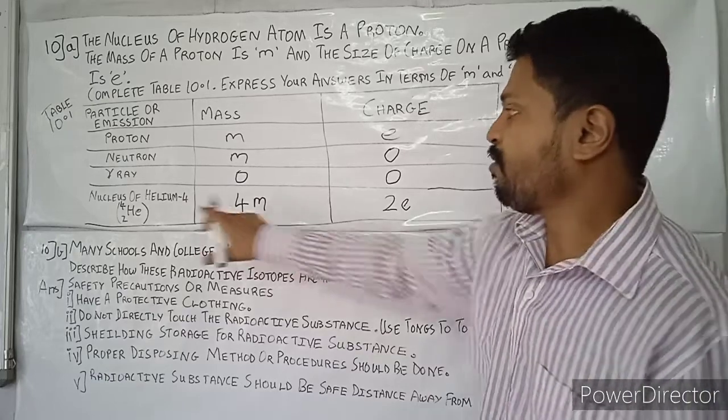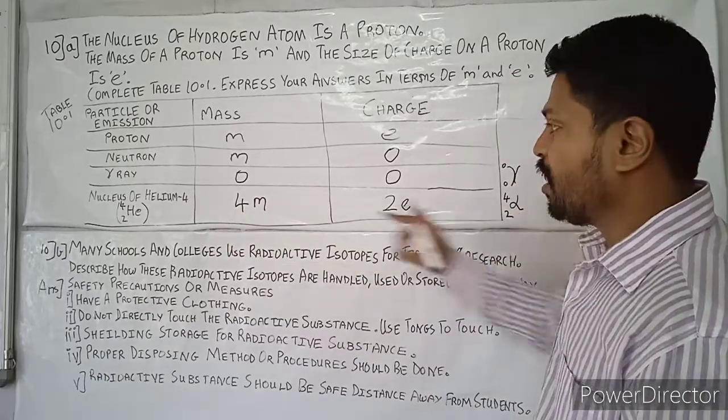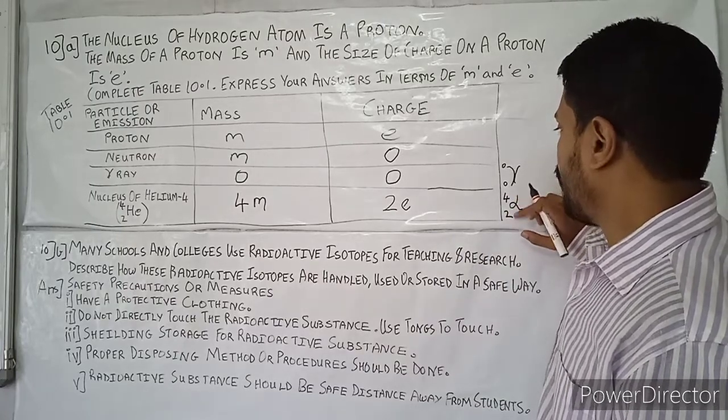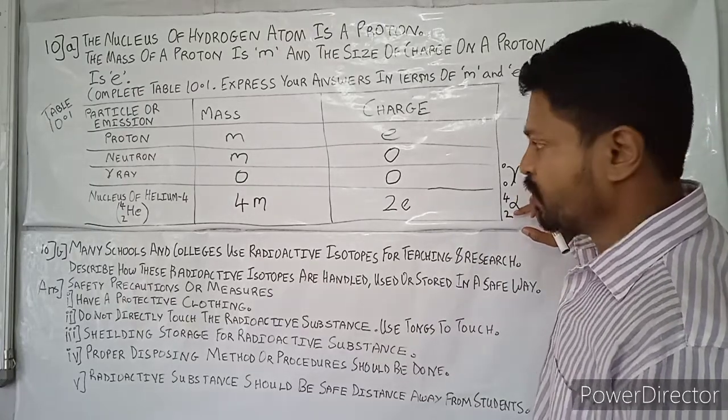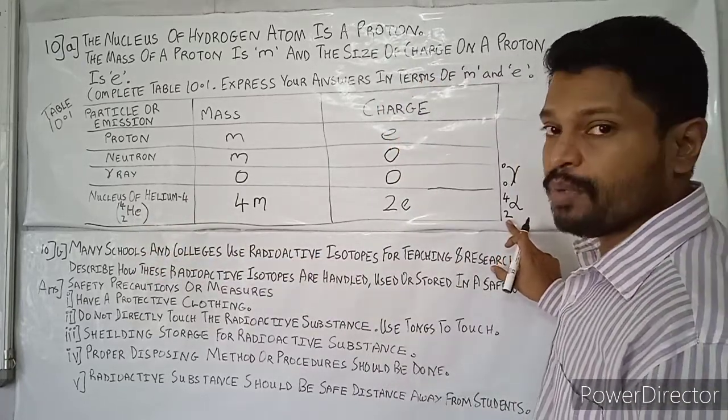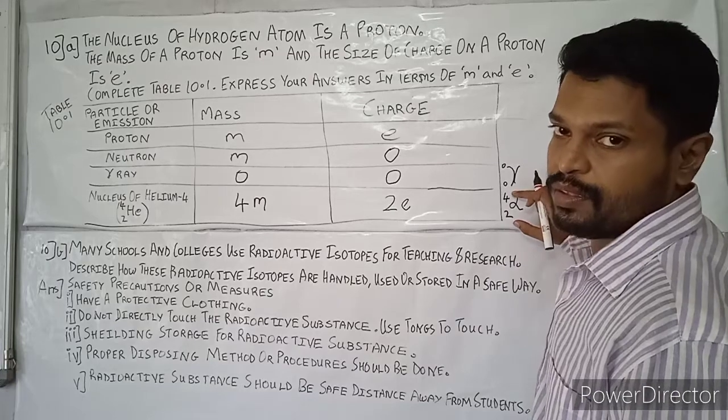Here also we put the alpha particle, helium itself is alpha, and this is 2, the number of protons, and this is the mass number.